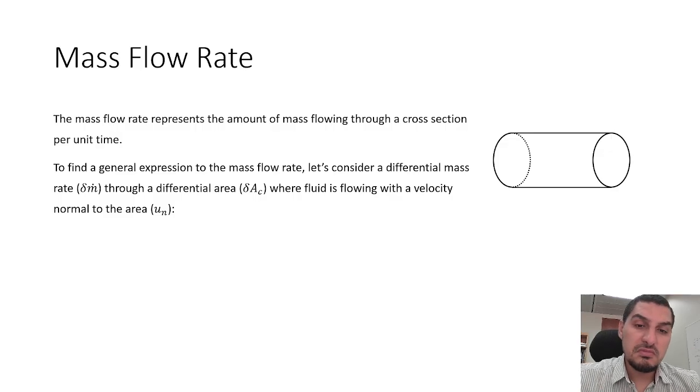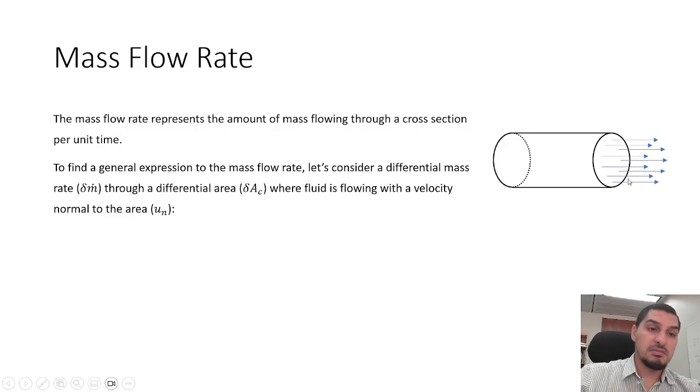To make it easy for us to imagine the equations that we are going to use, let's take the case of a pipe that has a circular cross-sectional area, and there is a fluid flowing inside the pipe, perpendicular to the cross-sectional area. So the cross-sectional area is the circle, and the fluid is flowing.